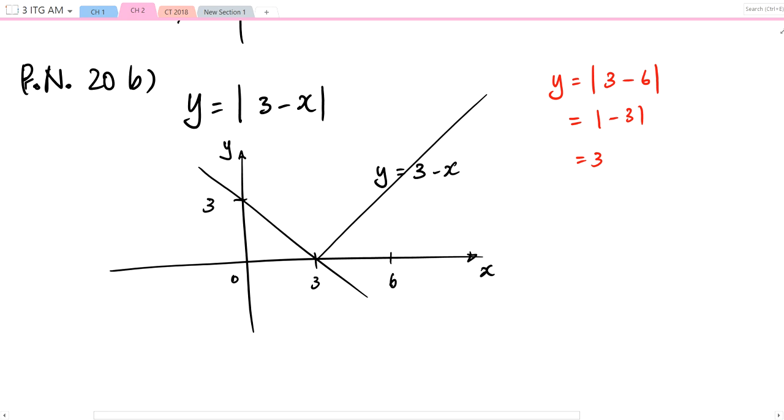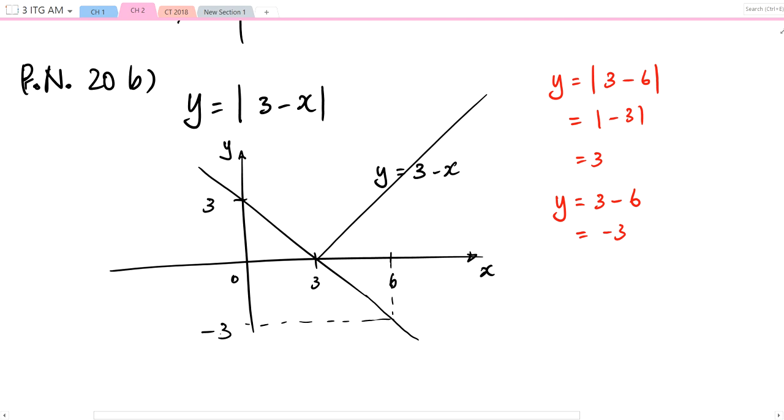And if I want to consider the other equation, y equals 3 minus 6 without the modulus, it is supposed to give me negative 3. What this means is that if I had extended this line downwards, this value would have been negative 3.